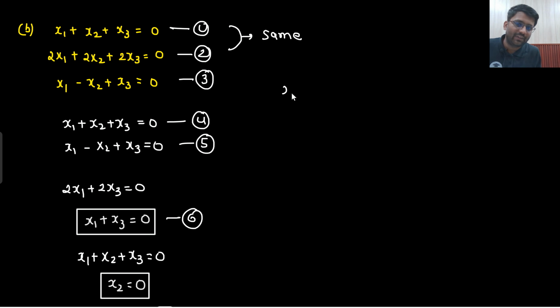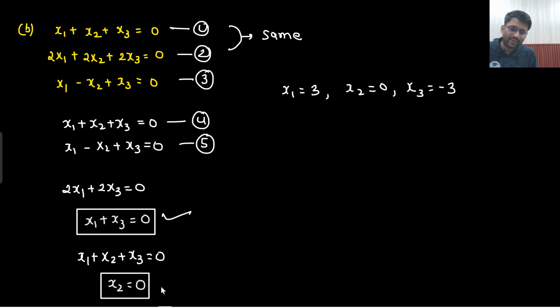Someone would say, sir, if I keep x1 as 3, x2 is for sure 0, then x3 has to be minus 3. These are the answers we are getting: x1 is 3, x2 is 0, x3 is minus 3. If someone says I keep x1 as minus 1, x2 is for sure 0, then x3 has to be plus 1.